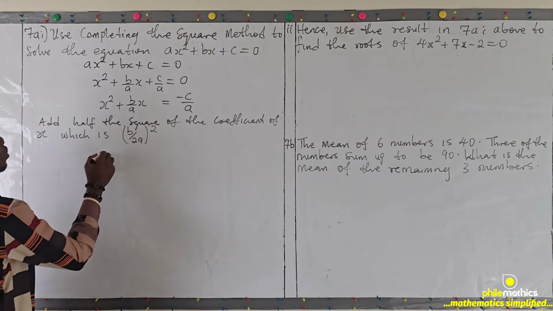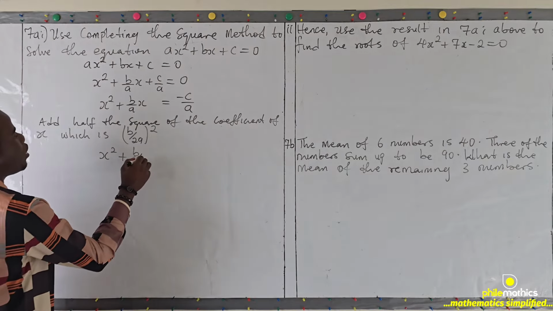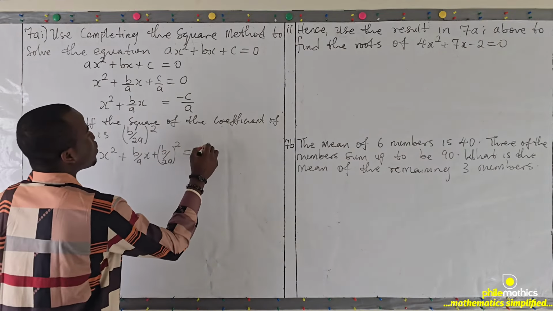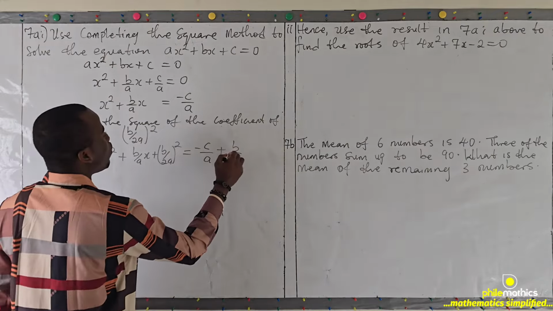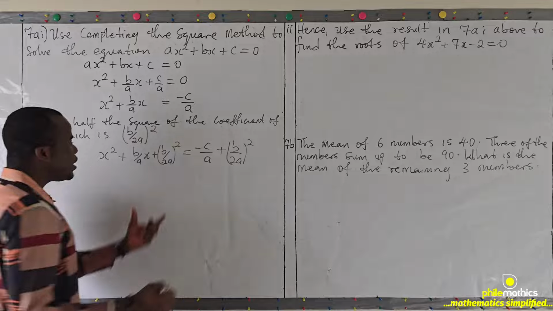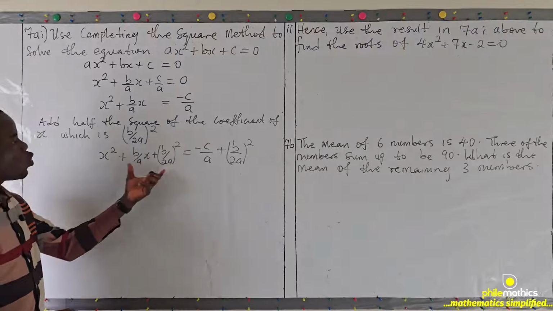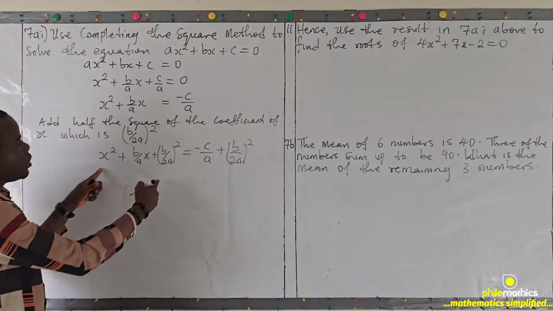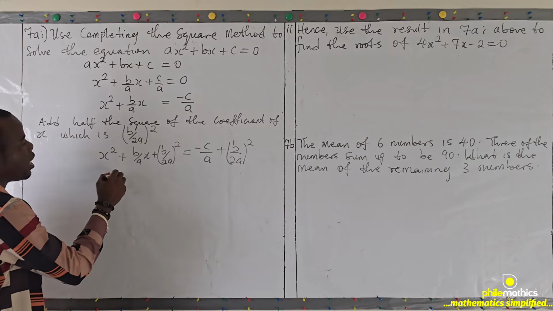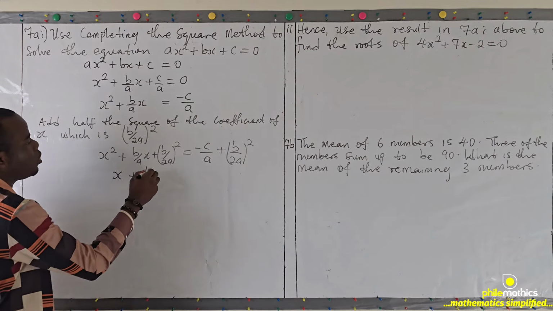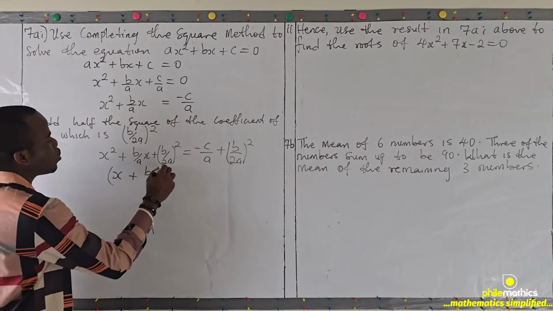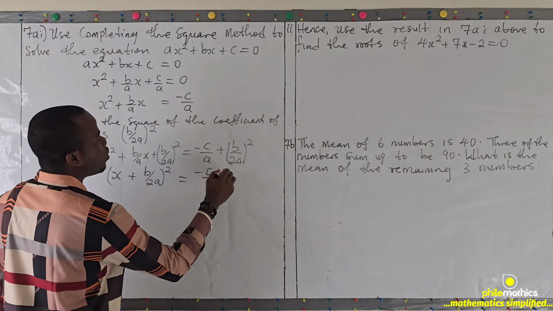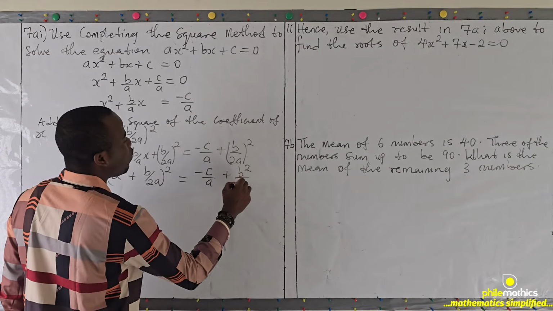And if we do that, we'll have x squared plus b over a x plus b over 2a all square equals minus c over a plus b over 2a all square. This is where the completing the square is. By adding this to the left hand side, this is now a perfect square. That means I can factorize this as x plus b over 2a all square, and this is simply, if I open this bracket, minus c over a plus b square over 4a square.